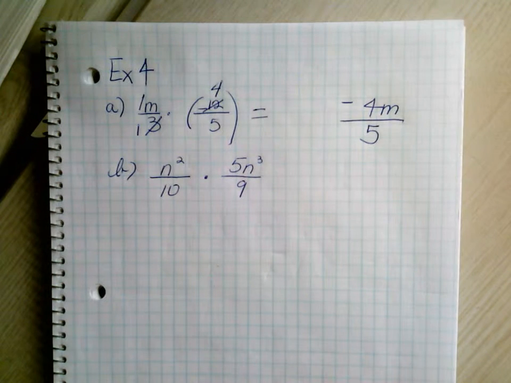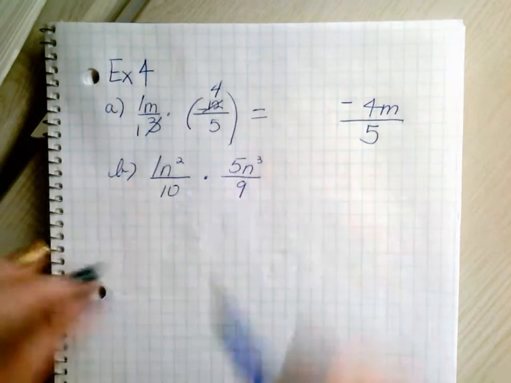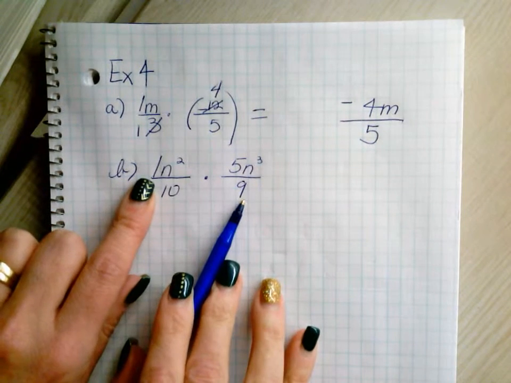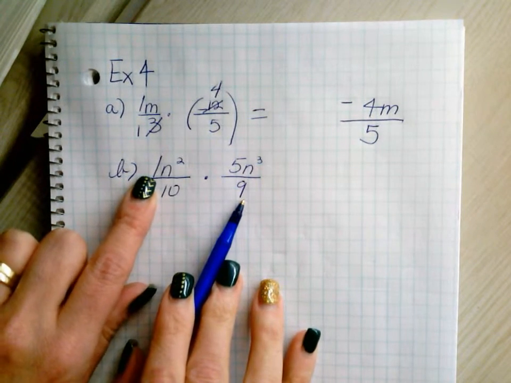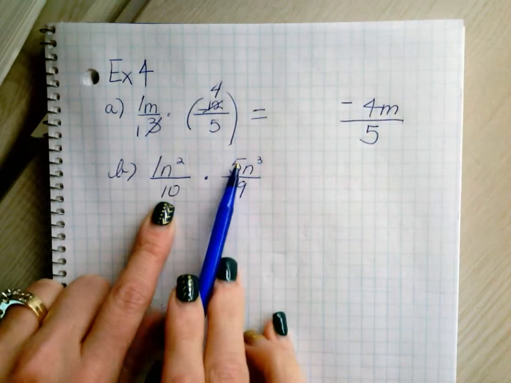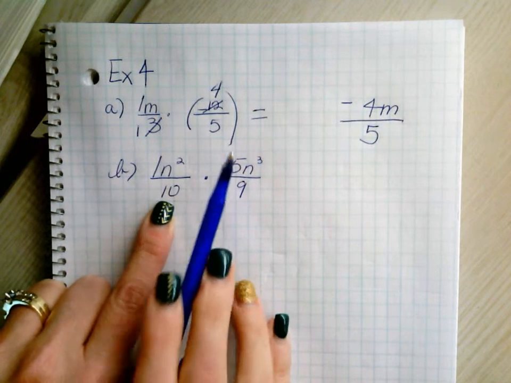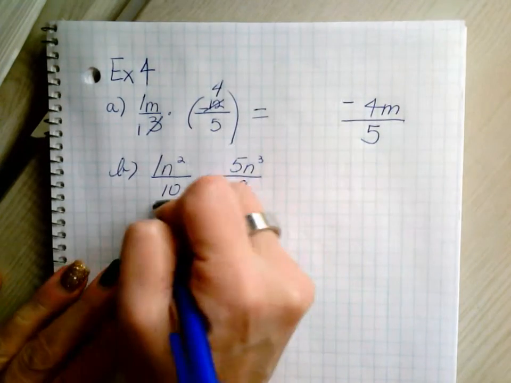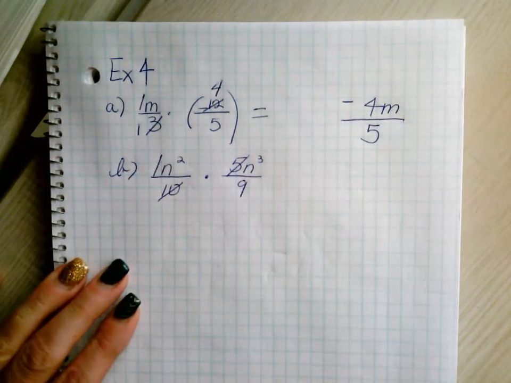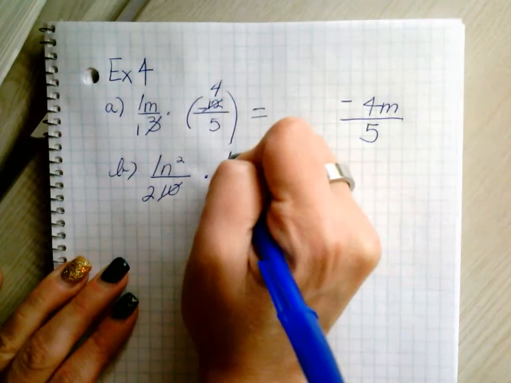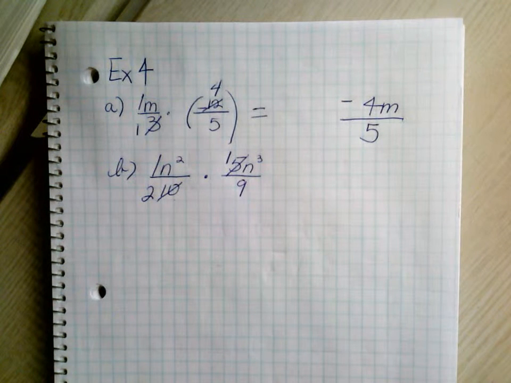Do the 1 and the 9 reduce? No. Do the 10 and the 5 reduce? Yes, they do. Divisible by 5, the 10 becomes a 2, the 5 becomes a 1. So far, so good? Multiply straight across.